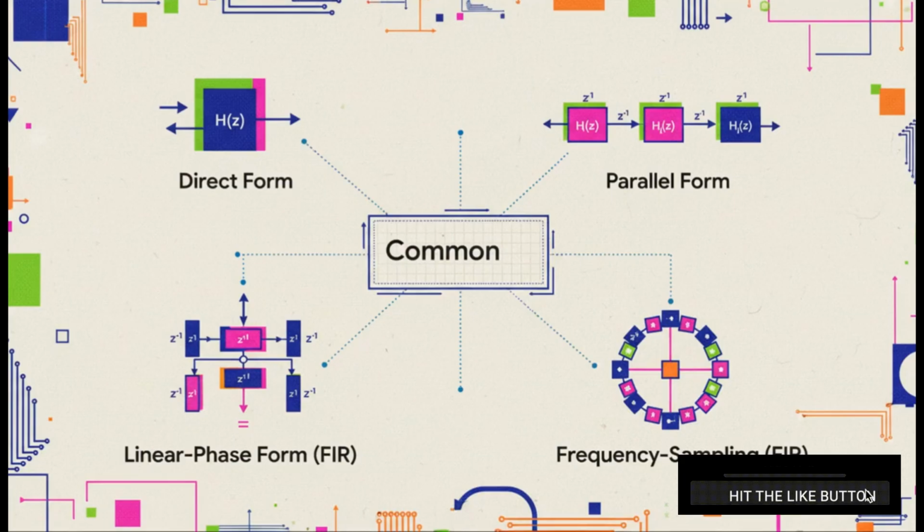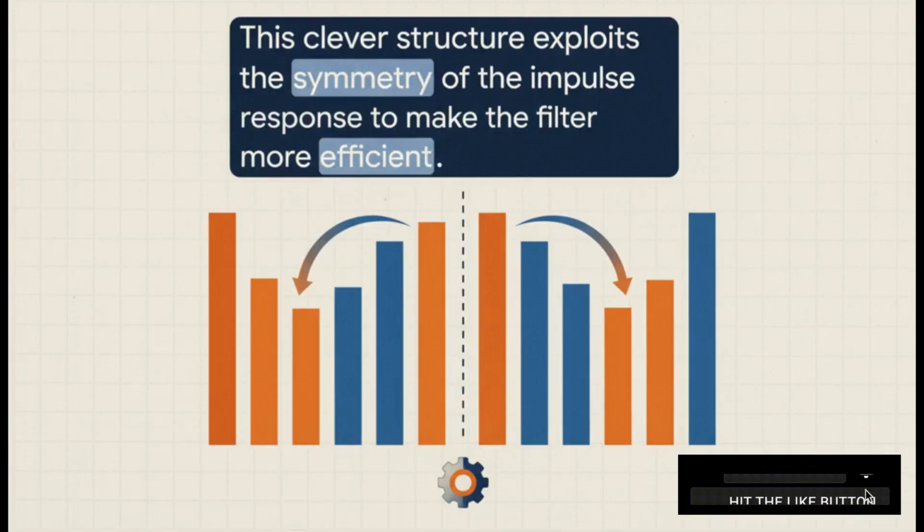And you can see there's a whole menu of options. You've got common structures like direct, cascade, and parallel forms that you can use for both families. But then, for FIR filters specifically, you have these cool specialized forms like linear phase that give you some pretty neat advantages. Let's just zoom in on that linear phase one for a second, because it's a perfect example of some really clever engineering.